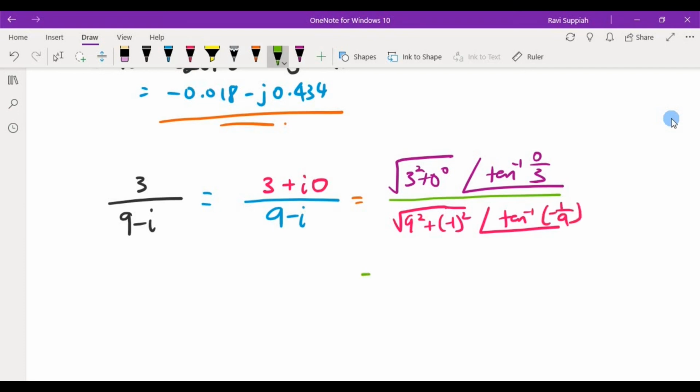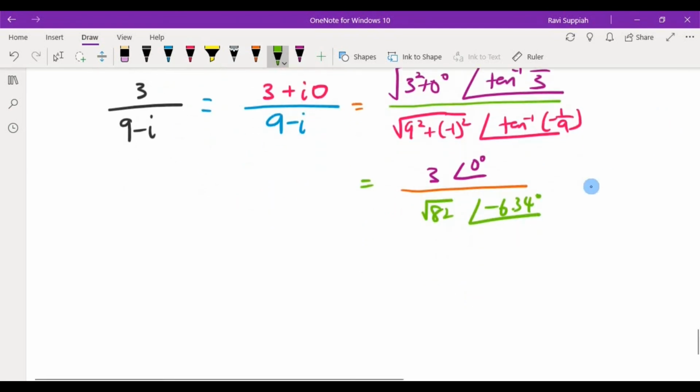For the numerator, the square root of 3 squared gives you back 3, and 0 divided by 3 is 0. Inverse tangent of 0 would also be 0. And in the denominator, what you have is square root 82, angle of negative 6.34 degrees.